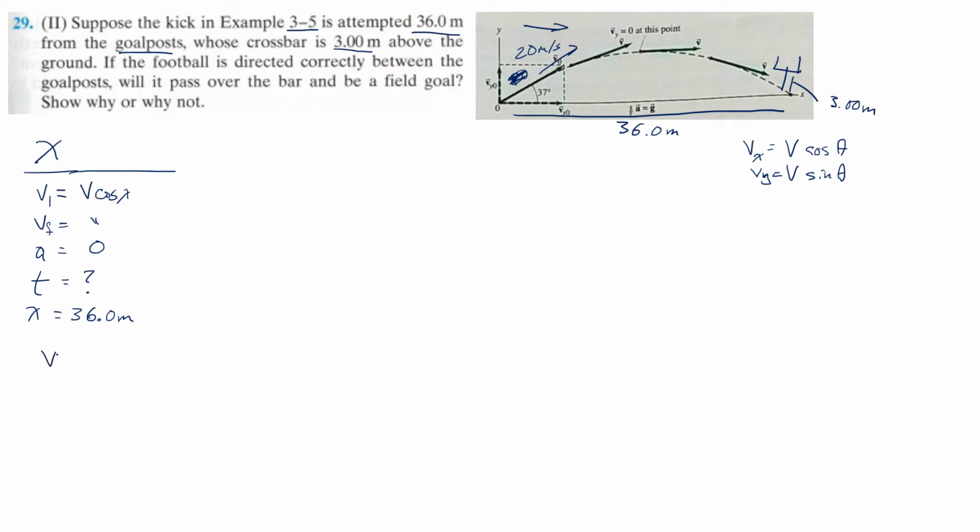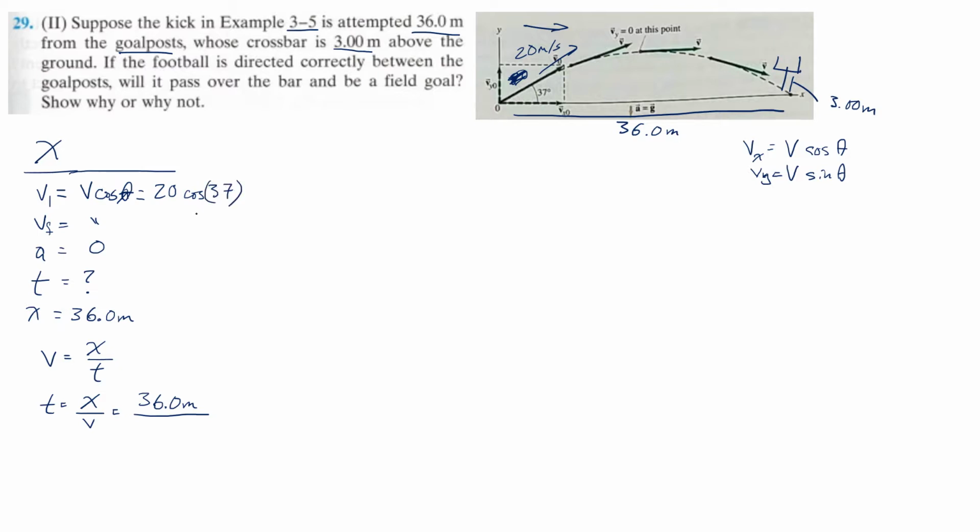We know that velocity is equal to displacement divided by time. That means time is equal to displacement divided by velocity. So let's fill that in: 36.0 meters divided by V cosine theta, which is 20 cosine 37.